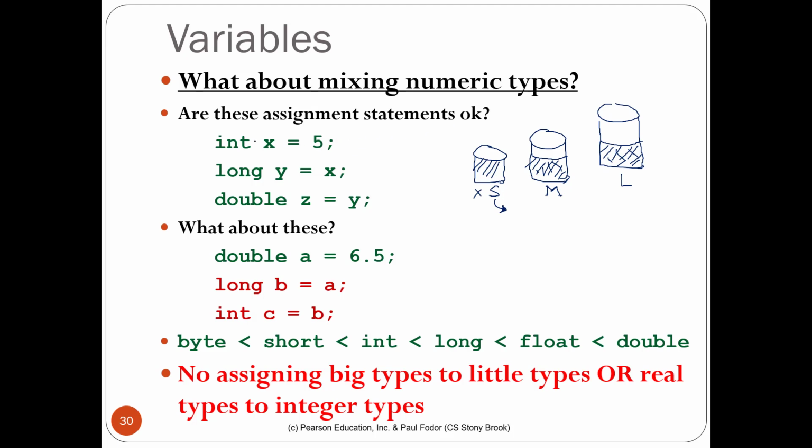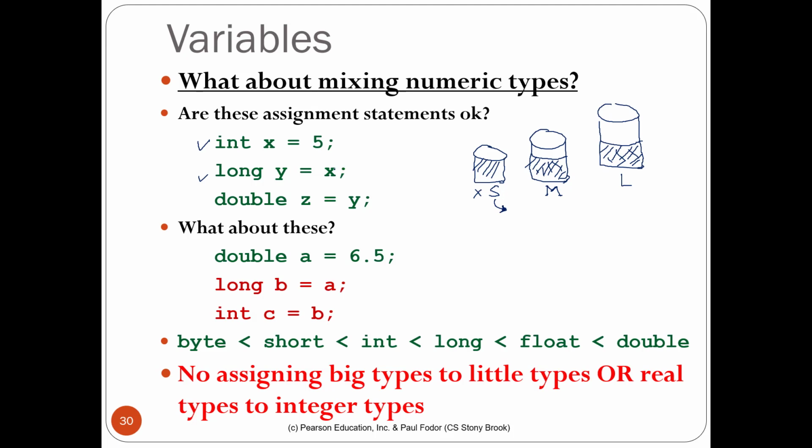Let's try to understand. Here x is of integer type and we have a value 5 in there. Now what are we doing? y is of type long. x is 4 bytes, y is 8 bytes. Now you are assigning x to y.